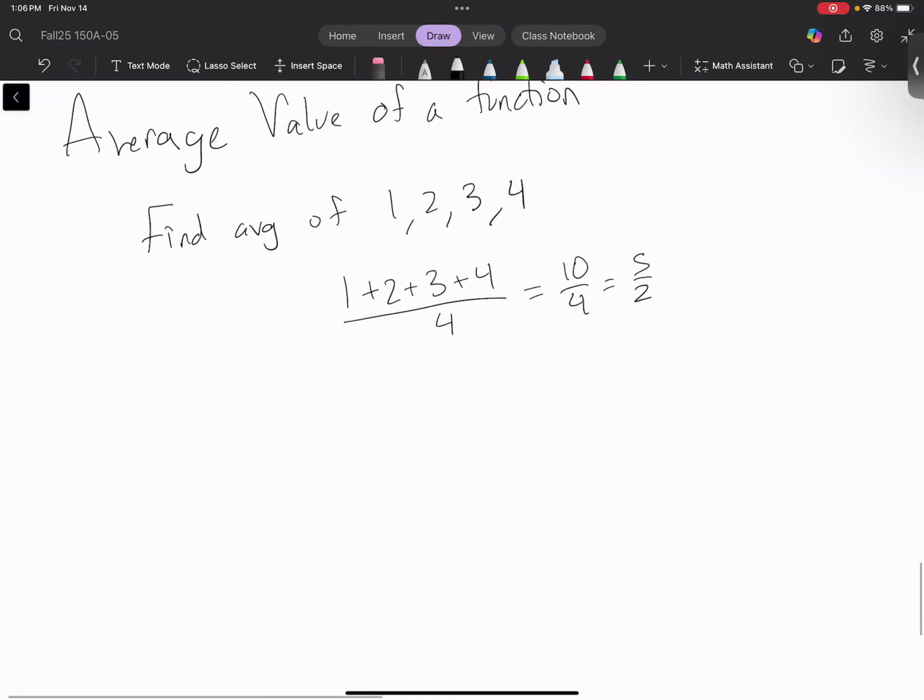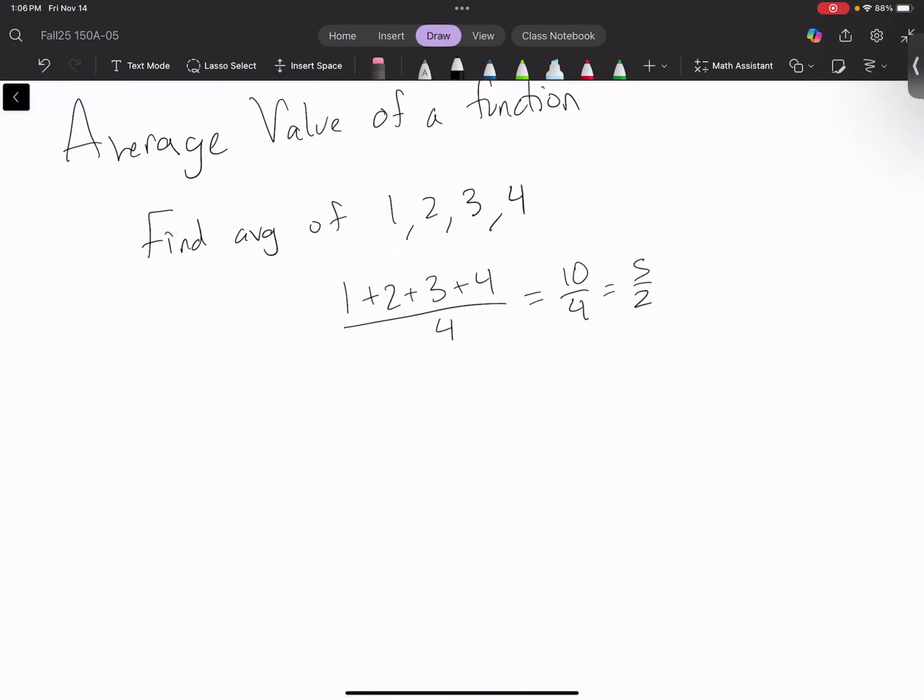Now, when we're talking about a function, this is a continuous function, right? So if I'm talking about a function, again, I'll draw my classic function I always draw. There's infinitely many points here, right? For y values. So how am I going to find the average y value here? Average value of the function, right?